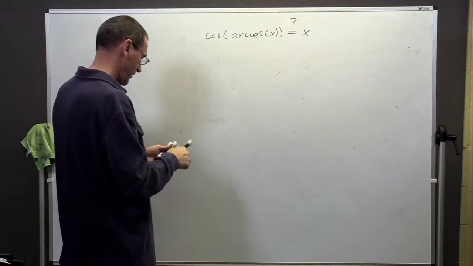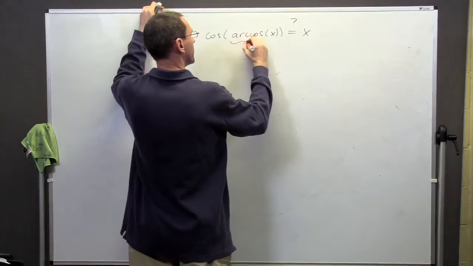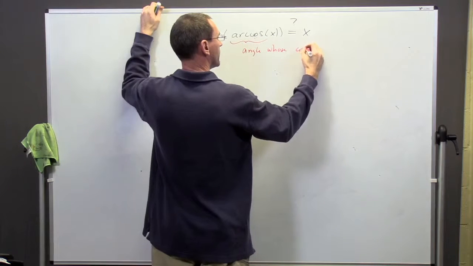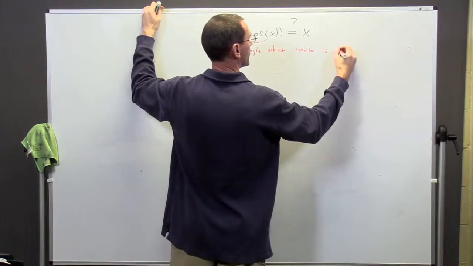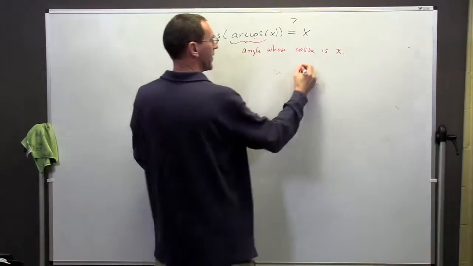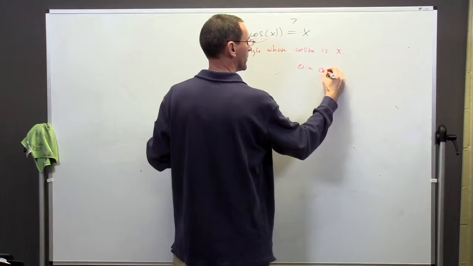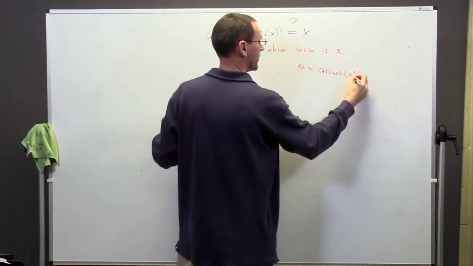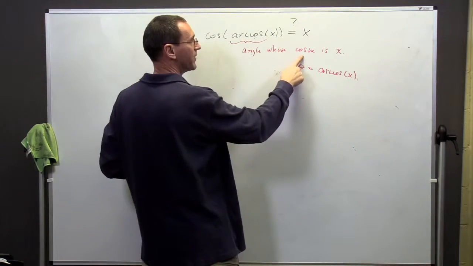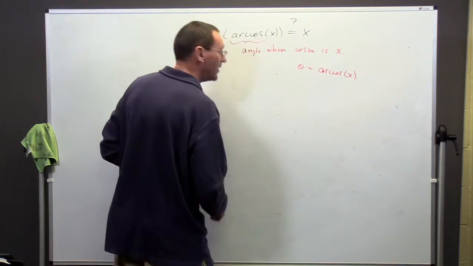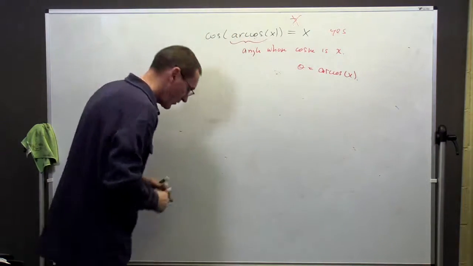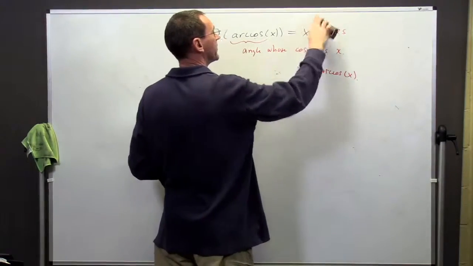Okay, well, let's see. This is going to give me an angle. The arc cosine gives me an angle, okay? So if I take the cosine of that angle, I know that its cosine is x. So yes, that's going to work. There's no problem with that, okay?